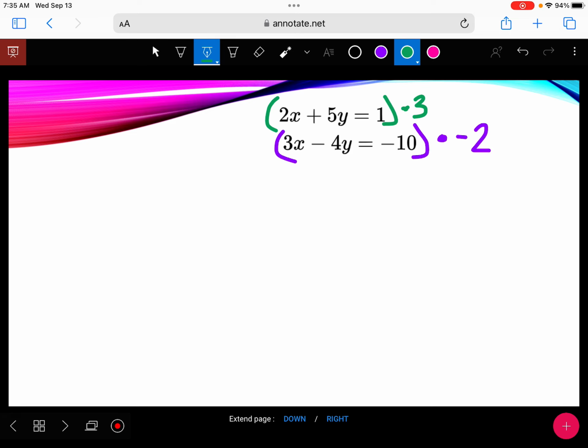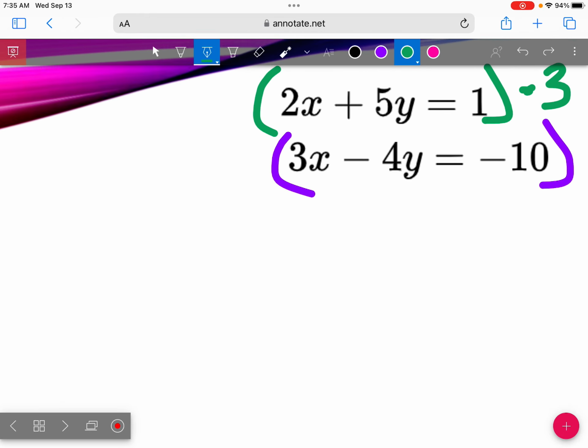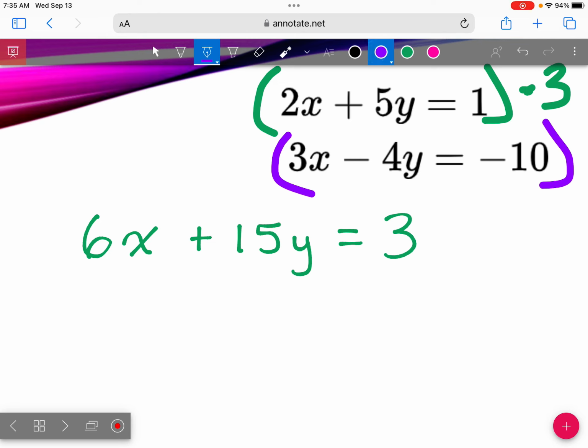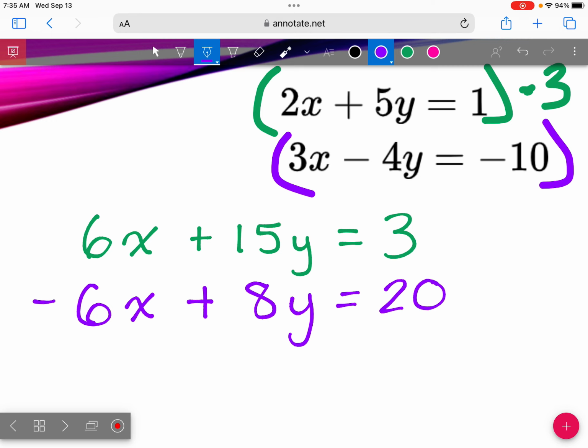So we're going to wind up with something that's like 6x plus 15y equals 3, and negative 6x plus 8y equals 20.